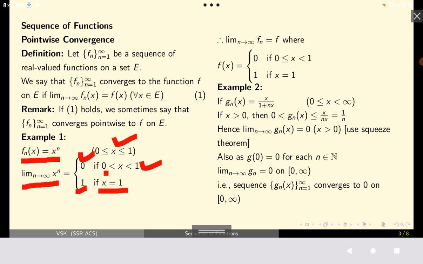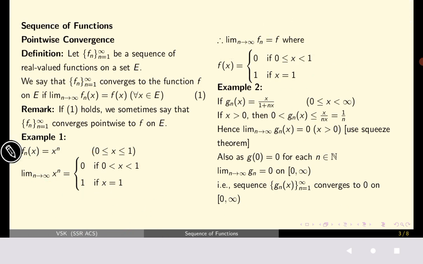In case x is equal to 0, the value is also 0. Therefore fn converges to the function f, given by f(x) equal to 0 if 0 is less than or equal to x less than 1, and f(x) equal to 1 if x is equal to 1. This definition of f(x) we have obtained from these two results.